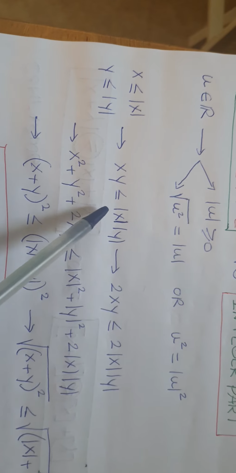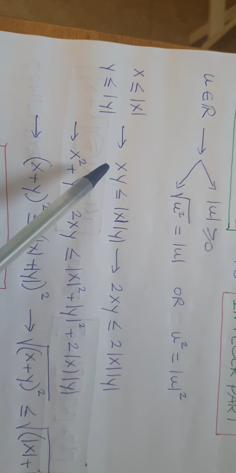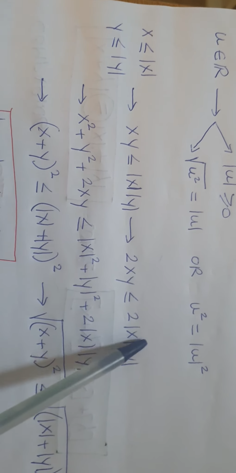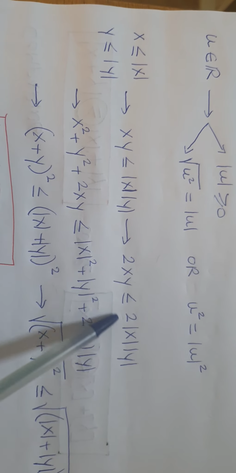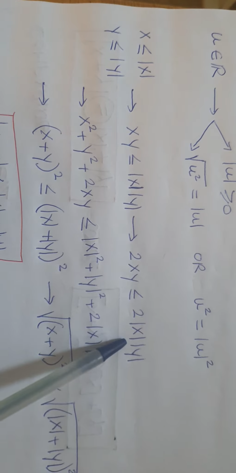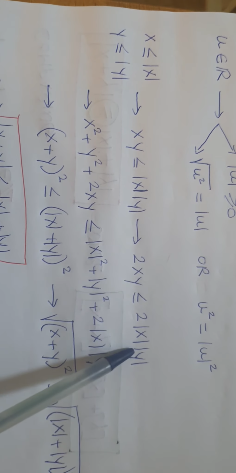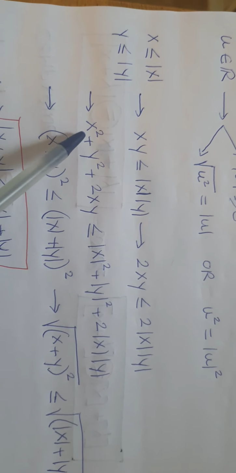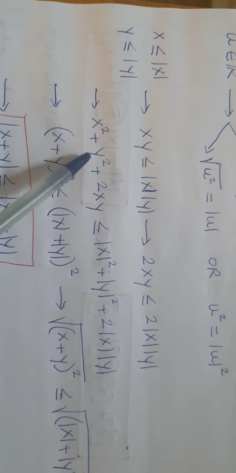Okay, so now by multiplying the inequality by 2, I will get this. Now by adding x squared plus y squared to both sides of the inequality, we get this.